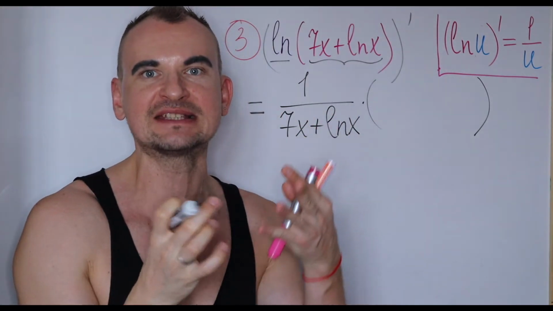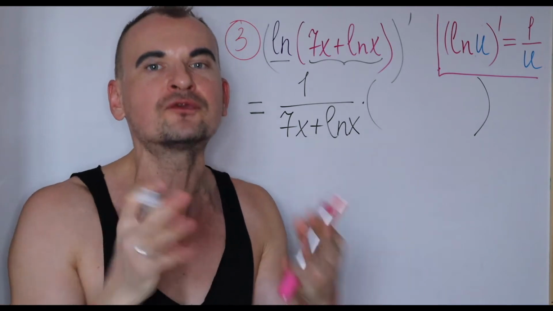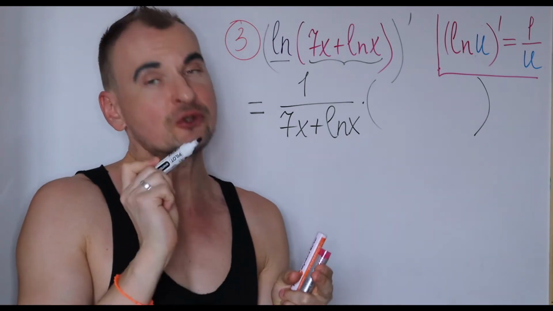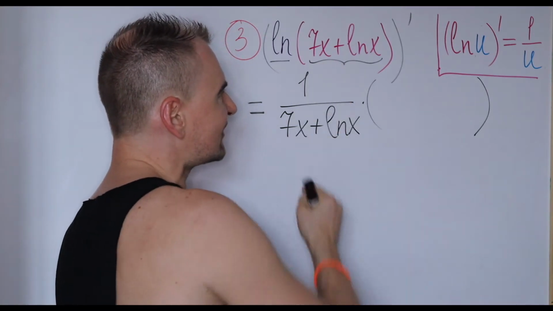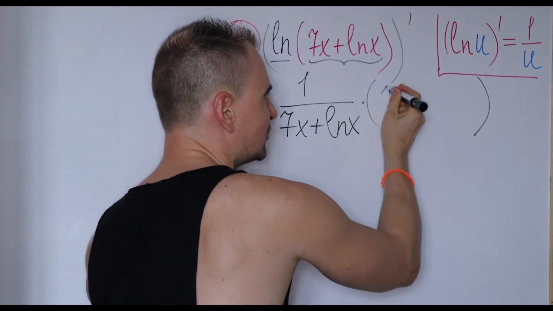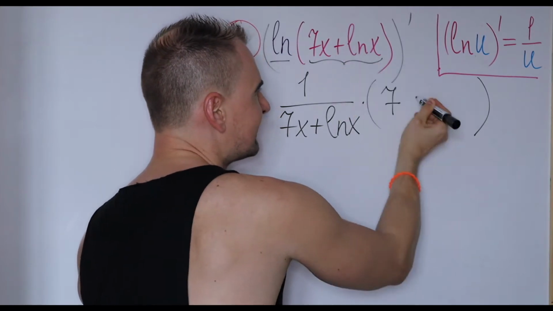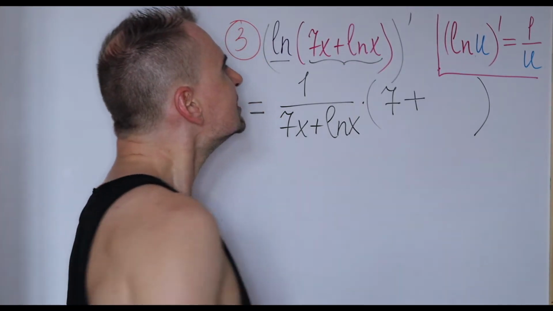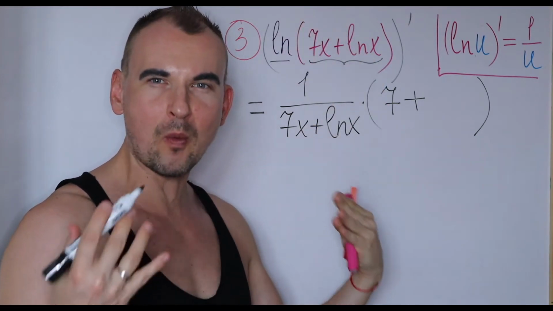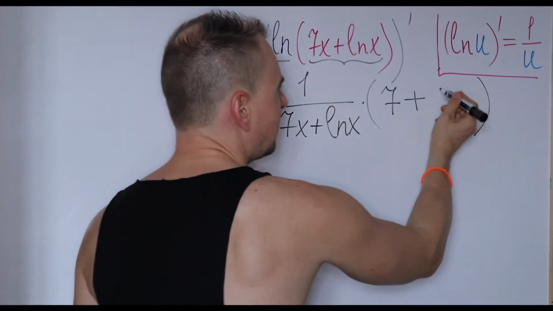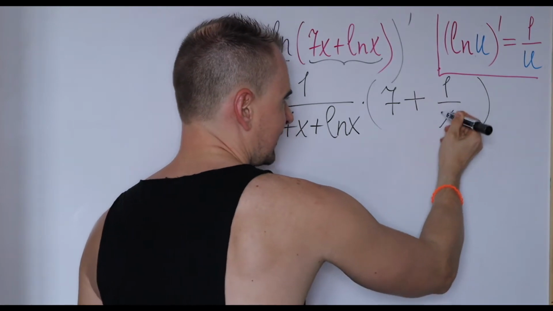Your inner function basically is made of 2 pieces. So you have to take the derivative of the first chunk, namely 7x, and the derivative of 7x is going to be just 7. You want to keep this addition, plus sign. And the derivative of ln of x is going to be 1 over x. So plus 1 over x.